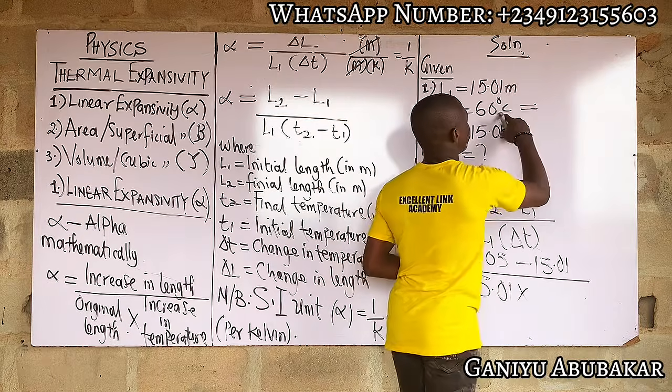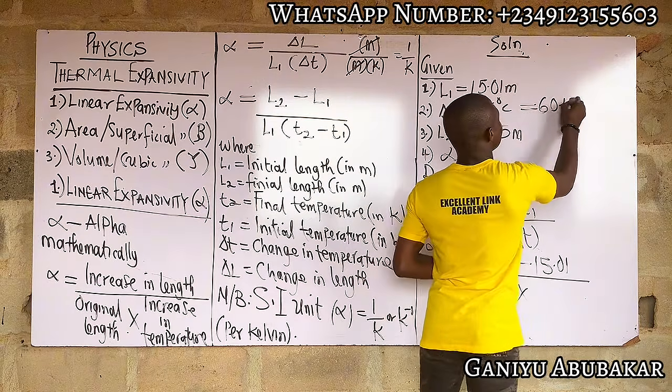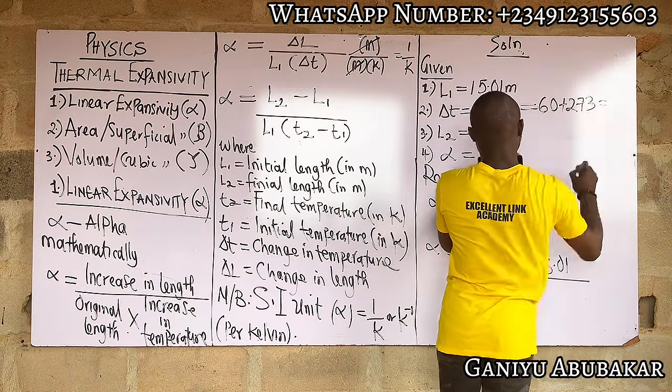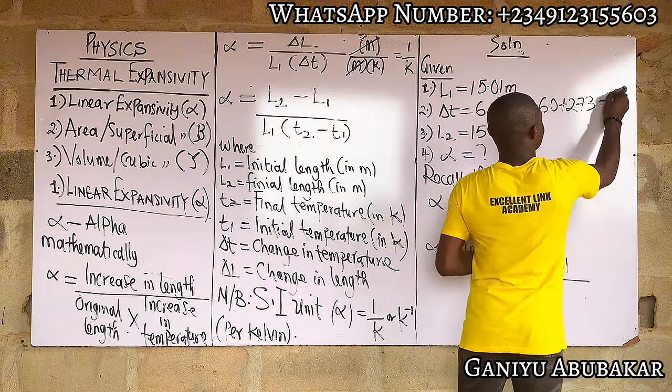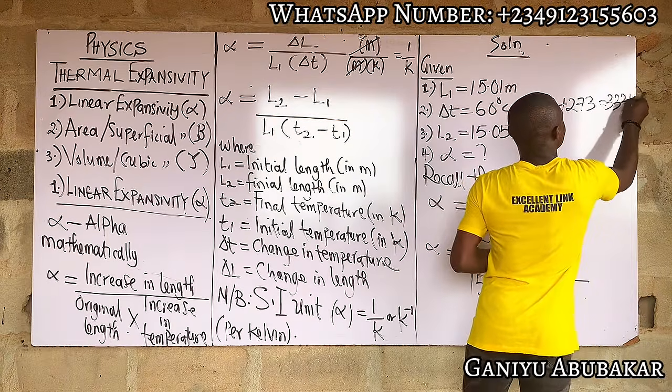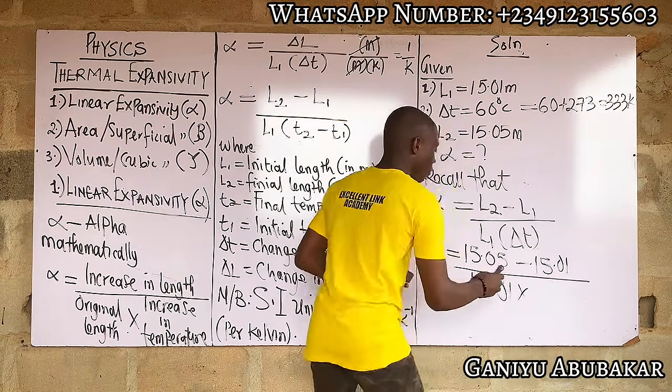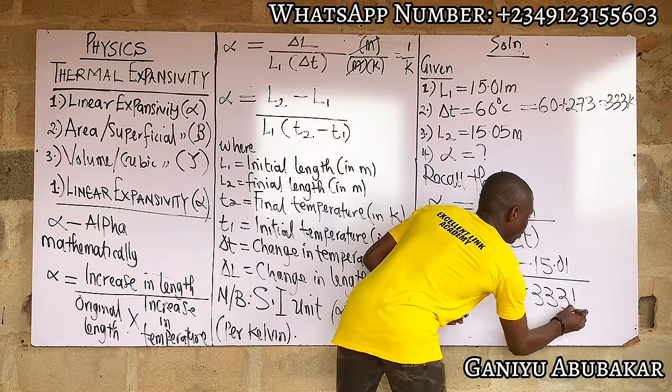I'll convert this Celsius to Kelvin by adding 273 to it. This gives about 333 Kelvin. So I'll plug in the value here, 333 Kelvin.